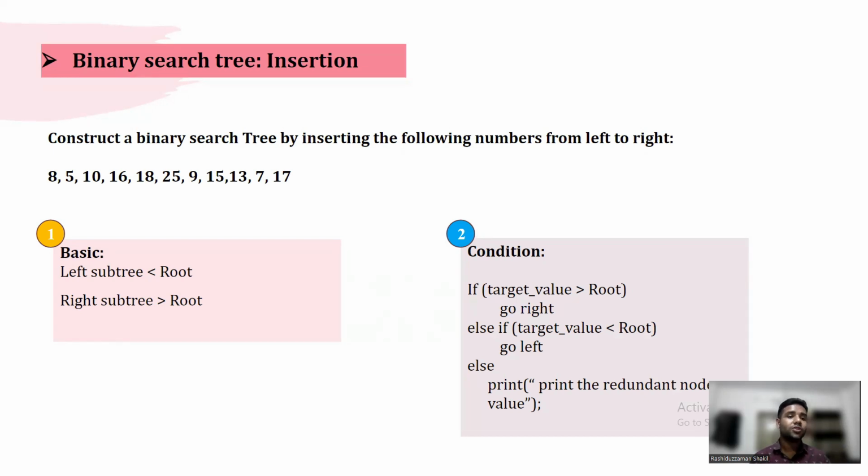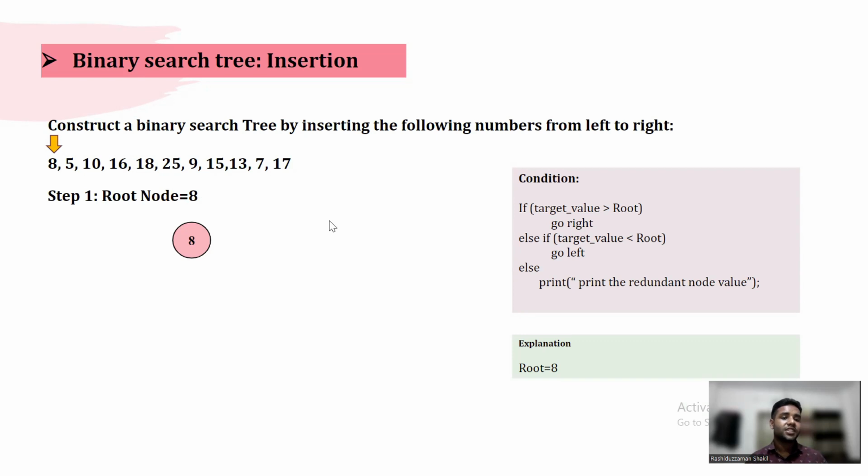And to solve this problem, you must follow this conditional statement: if your target value is greater than the root value, it will be positioned on the right side of the root node. Likewise, if your target value is less than the root node, it will be positioned on the left side of the root node. And this condition is repeated again and again.